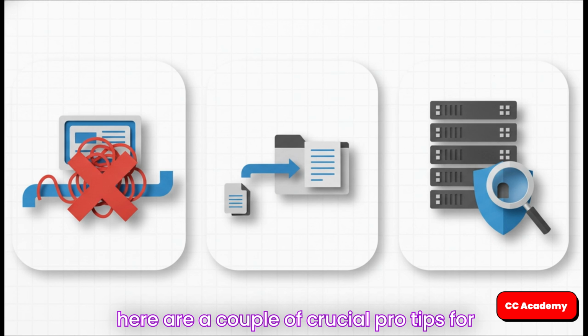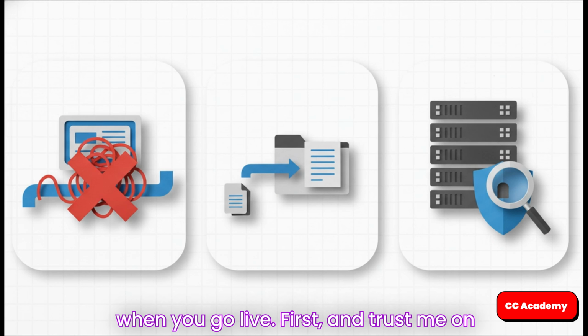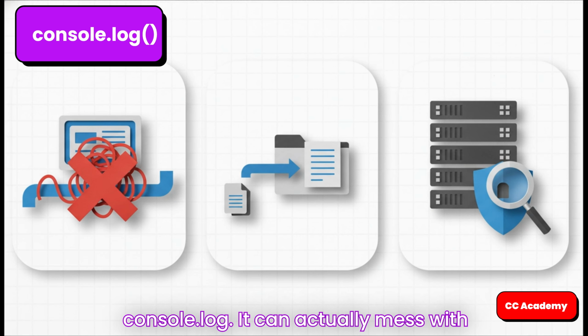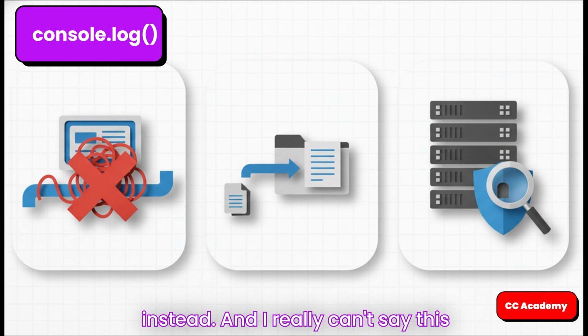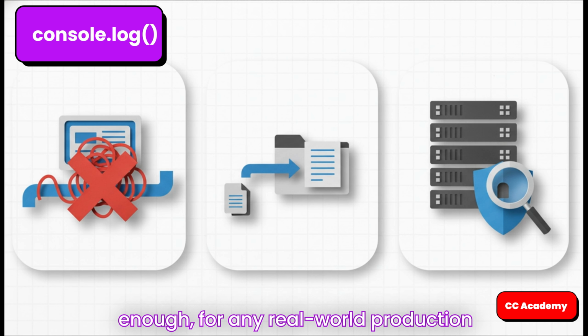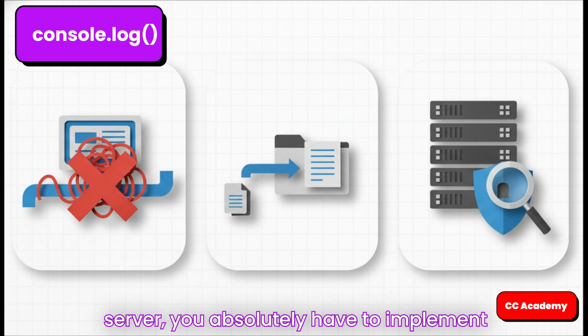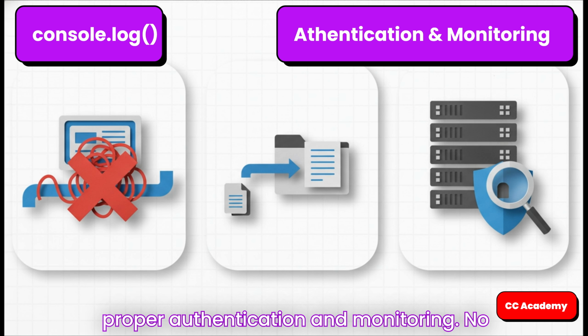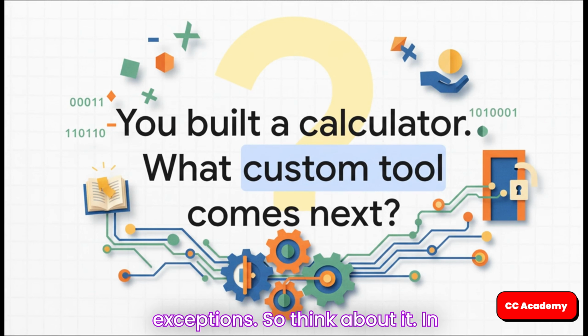And here are a couple of crucial pro tips for when you go live. First, and trust me on this, when you're testing in that terminal mode, stay away from console.log. It can actually mess with the protocol messages. Log to a file instead. And I really can't say this enough, for any real-world production server, you absolutely have to implement proper authentication and monitoring. No exceptions.